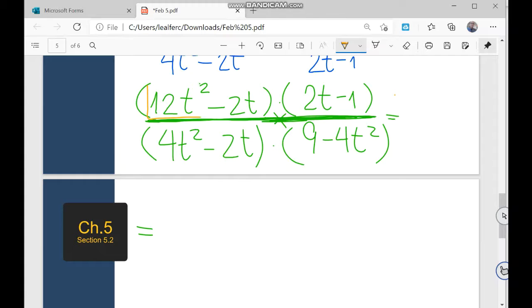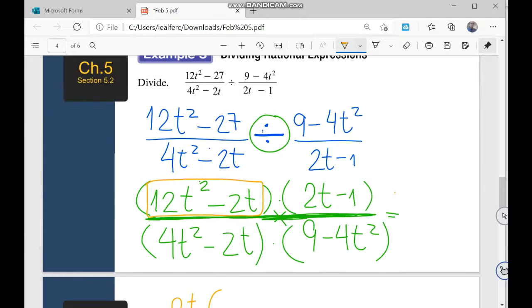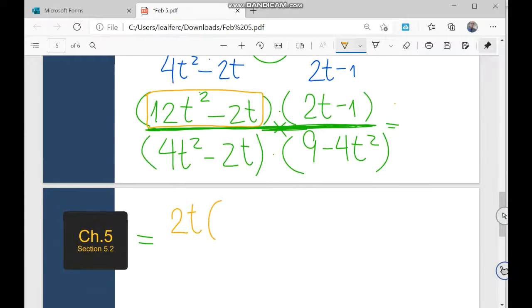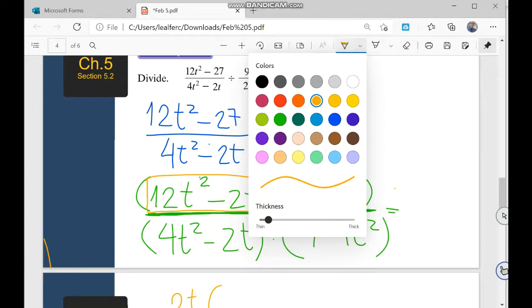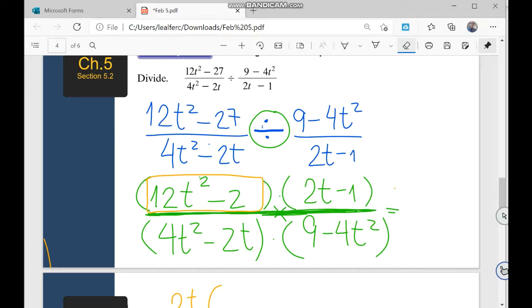Now let's check here, what can we factor out? Check this one, 12t squared minus 2t. Maybe you can factor out 2t times 2, oops. 2t times 3t. That's something wrong here. Wait a minute. 27. Sorry, 27.